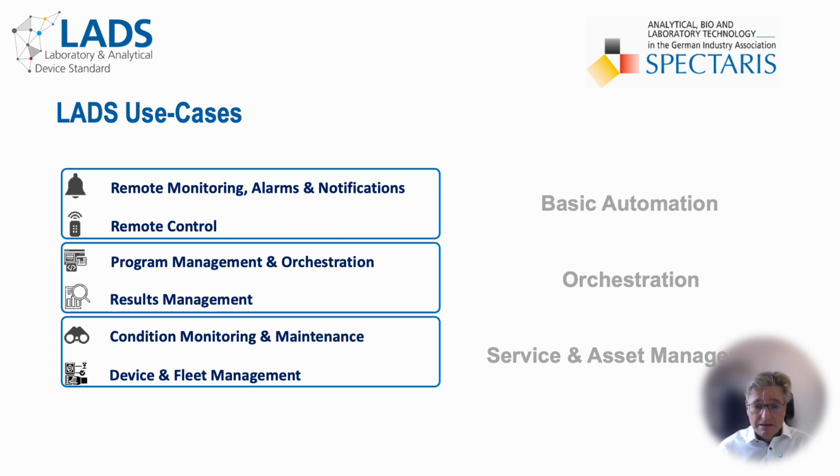These use cases are vital for enhancing serviceability and ensuring efficient asset management. In a nutshell, LETS supports automation, orchestration, service and asset management use cases. By addressing these critical aspects, we aim to optimize and streamline laboratory processes.